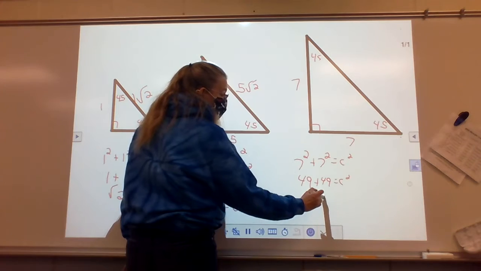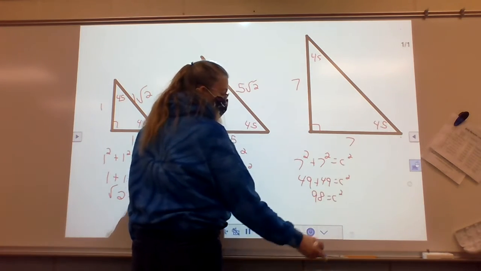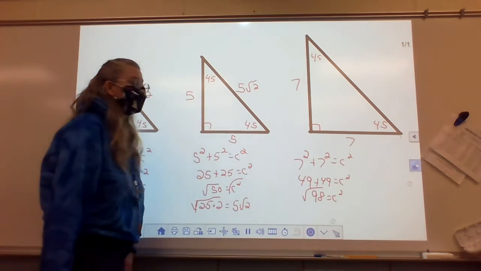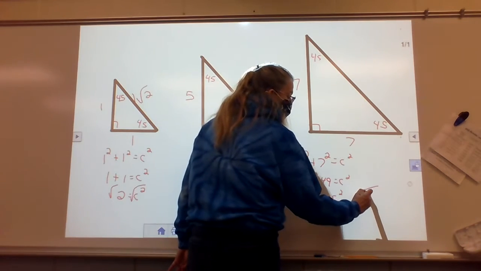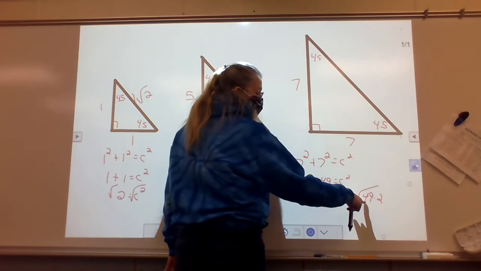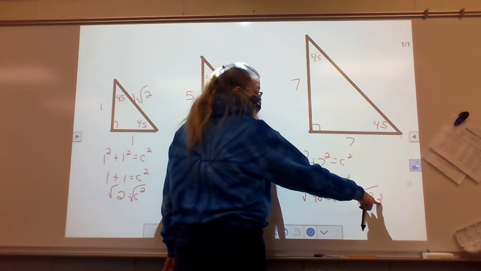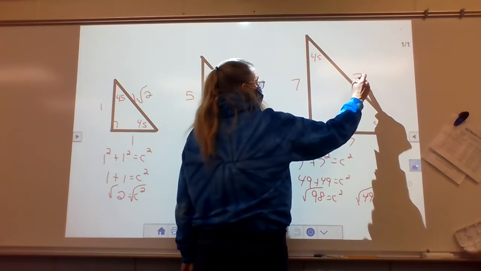Add those, we get 98 equals C squared. When I take the square root, 98 is actually 49 times 2. The square root of 49 is 7. The 2 gets left behind. So I still get 7 radical 2.